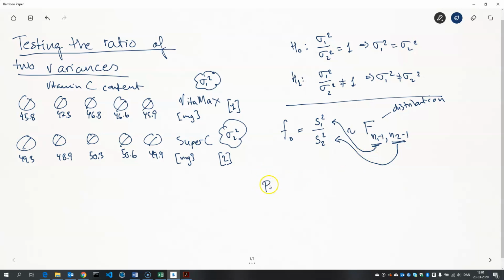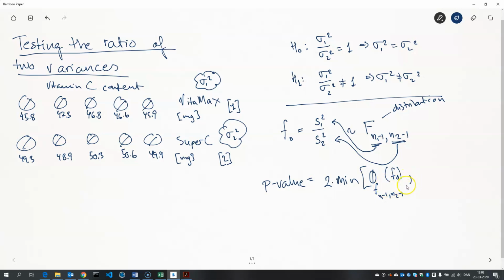Now we can compute the p-value. The p-value is given by 2 times the minimum of two numbers. The first number is the cumulative F distribution with n1 minus 1 and n2 minus 1 degrees of freedom evaluated at the test statistic.